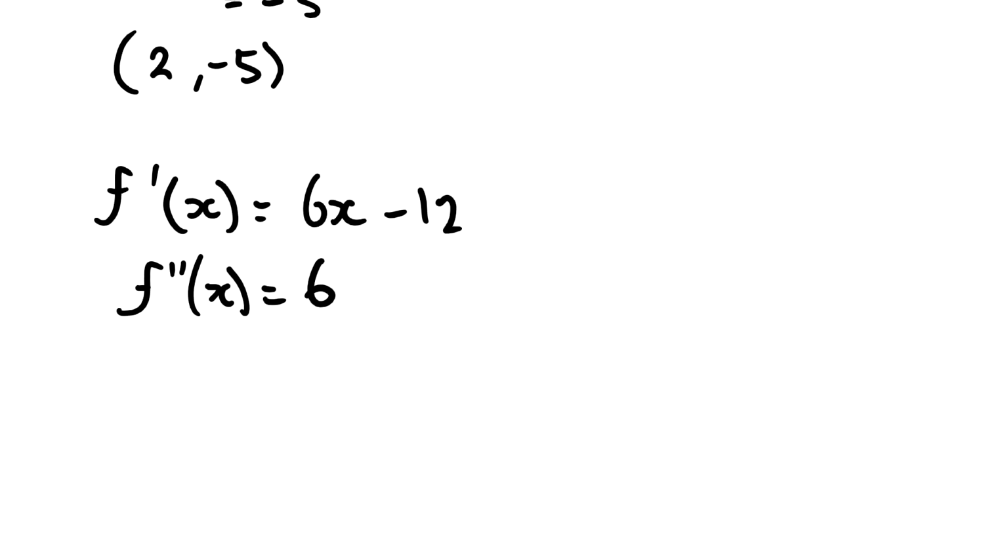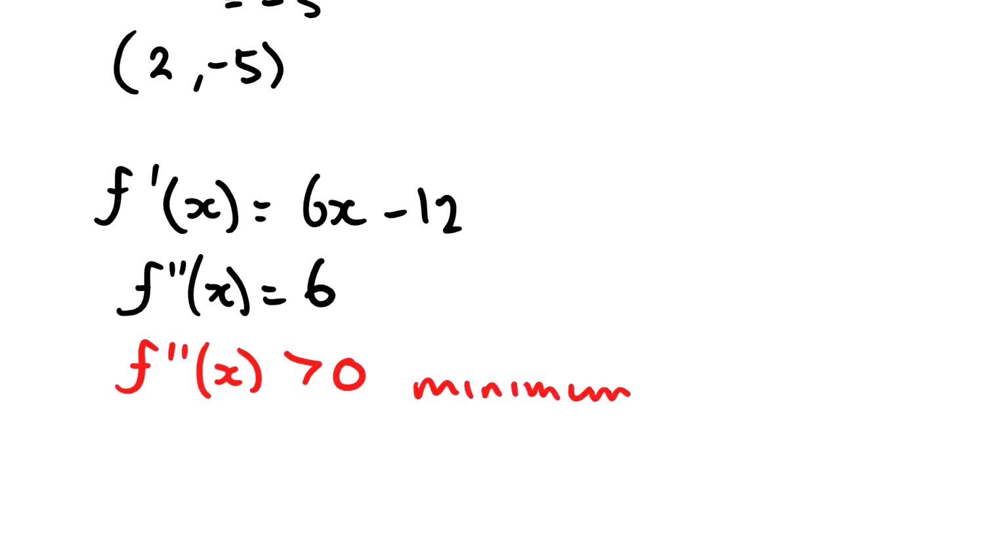Since my second derivative here is greater than 0, this means we have a minimum turning point. That shows us that the stationary point we have at (2, negative 5) is a minimum point because the second derivative is always greater than 0.